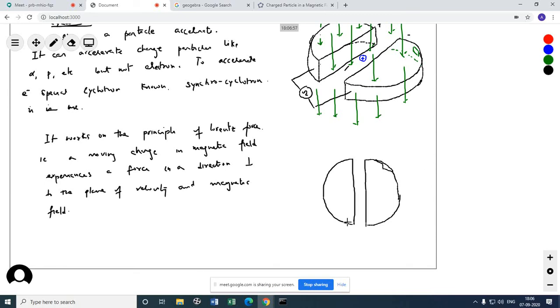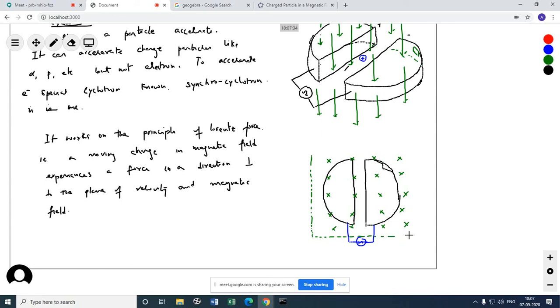These two are connected to a high frequency oscillator. The whole system is kept under a magnetic field which is perpendicular, and this whole thing is present in an evacuated chamber.